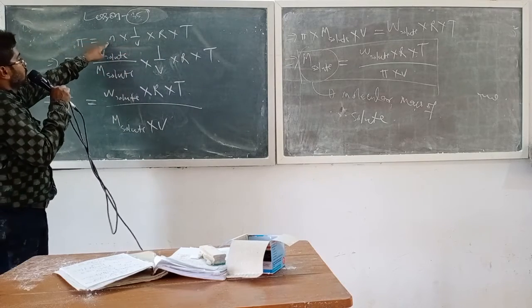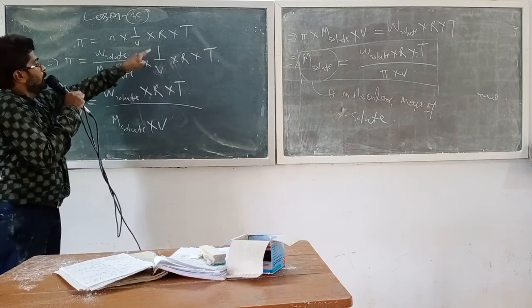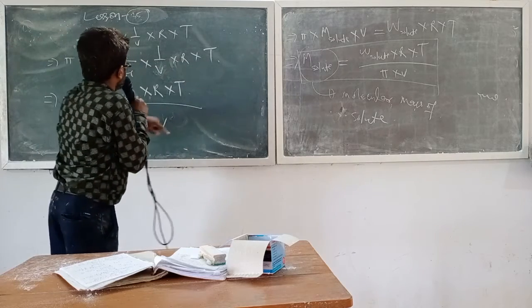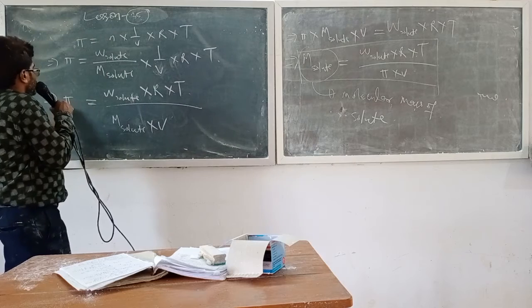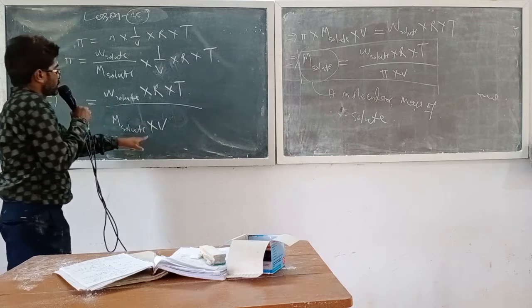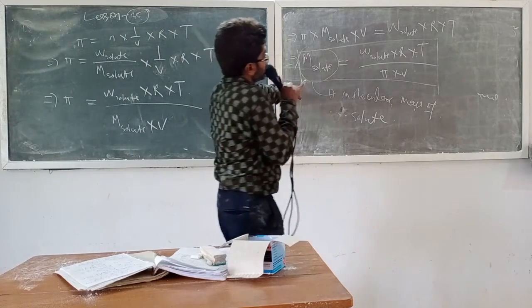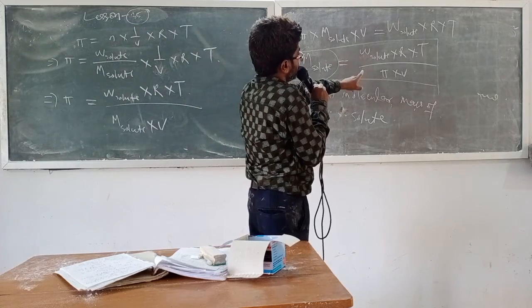In place of N we put W solute by M solute into 1 by V into R into T. So pi will be W solute into R into T by M solute into V, and M solute will be W solute into R into T by pi V.